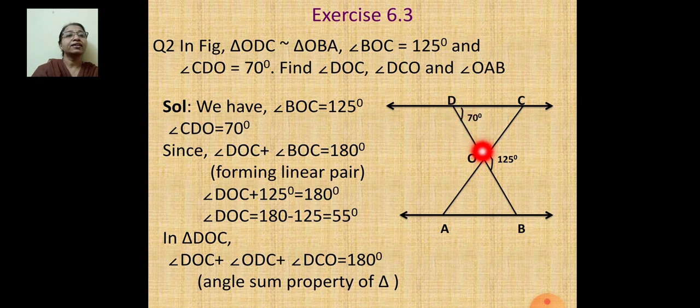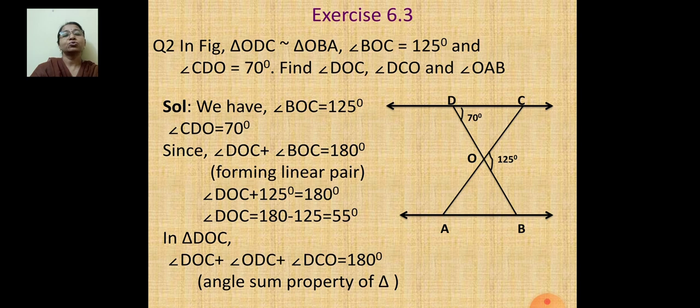Now in triangle DOC, you have the measure of two angles. So by the angle sum property of a triangle, you can calculate the measure of the third angle. In triangle DOC, angle DOC plus ODC plus DCO is equal to 180 degrees.